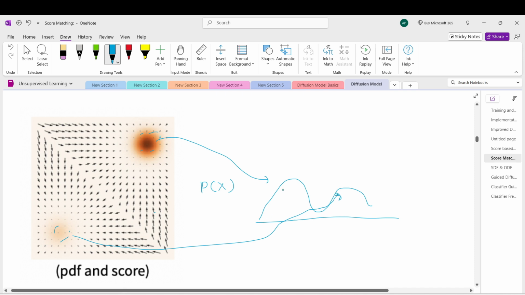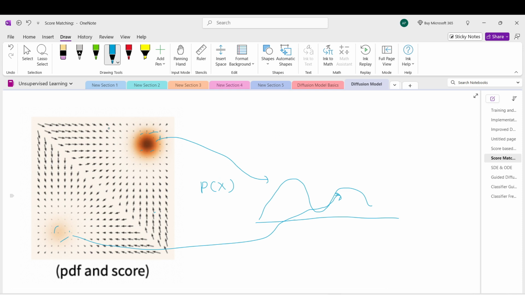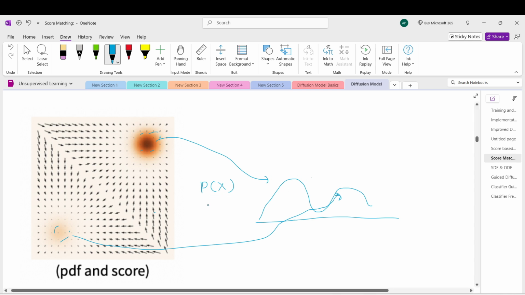So if you differentiate this quantity p of x, you will get a vector field like this, and this vector field is giving the directions of the peak, where your data lies, where the maximum values of p of x lie.